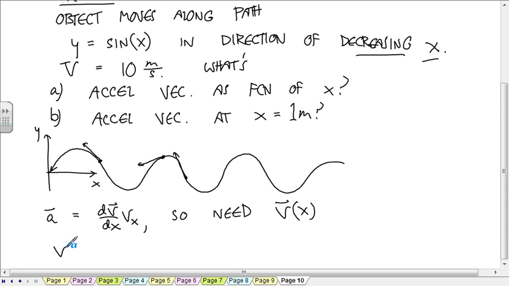In some problems, you're just given the velocity as a function of x. In this problem, we're not given that, but we're given the speed, and we're given a path that we can use to find a unit vector. So we're going to figure out v, the velocity vector, as the speed times a unit vector. The speed is easy. That's just a constant value of 10. What about that unit vector?